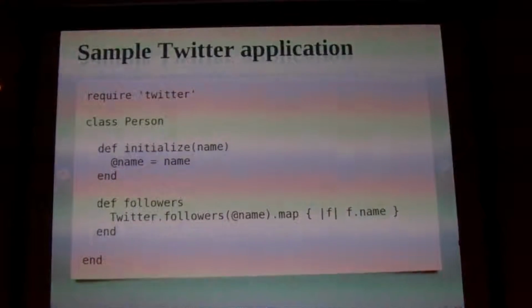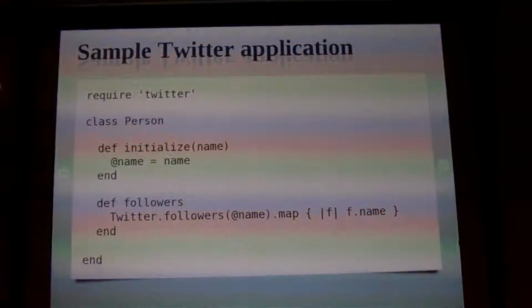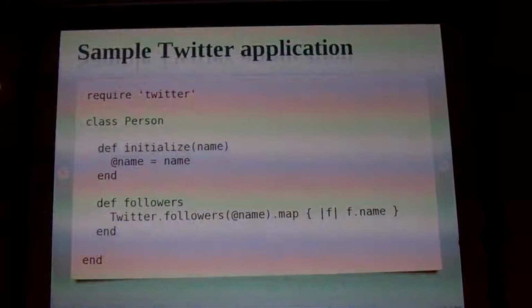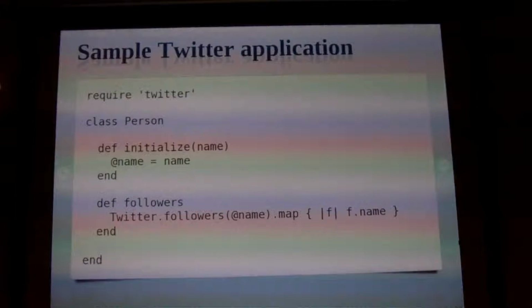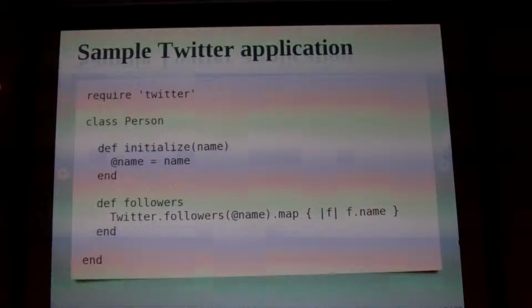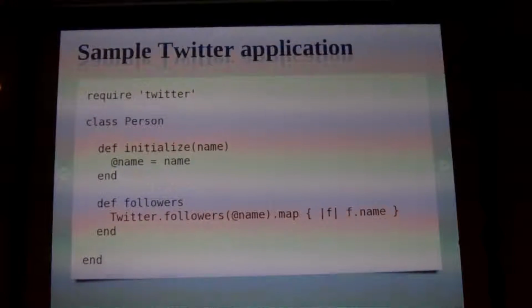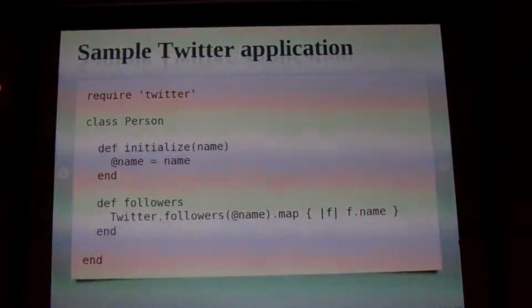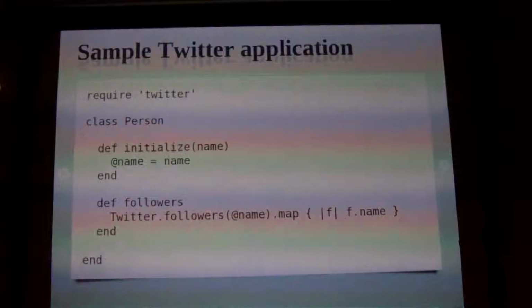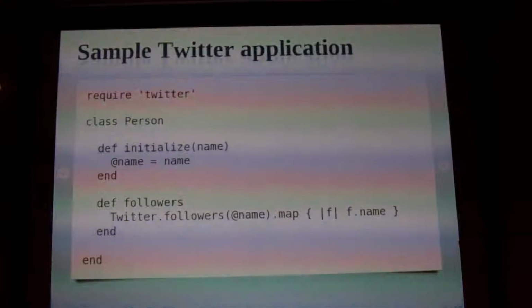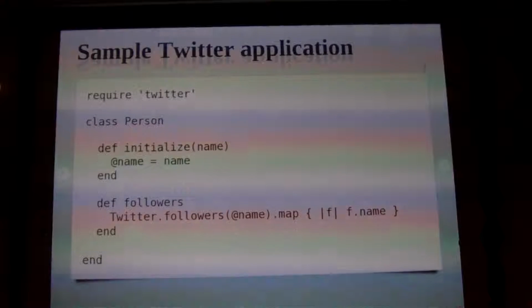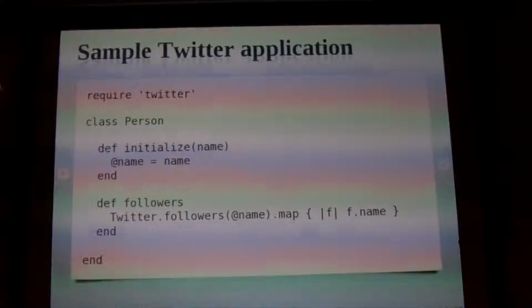So I wrote this super simple Twitter application in Ruby. Basically it creates a person class, you give the person a name, and then there is a method followers that fetches the followers of that person and stores the names of the followers in an array. This is basically what it does.